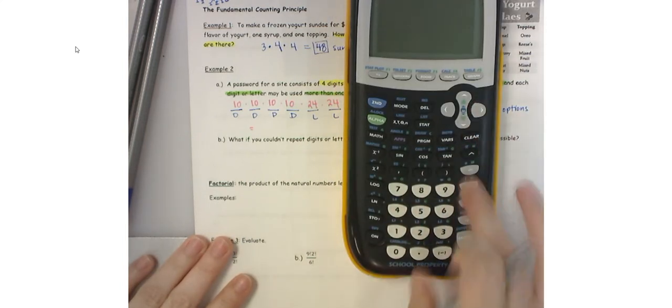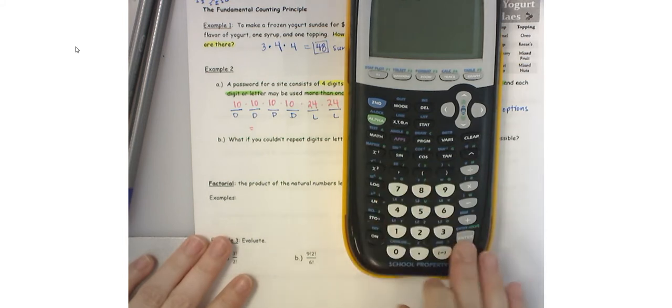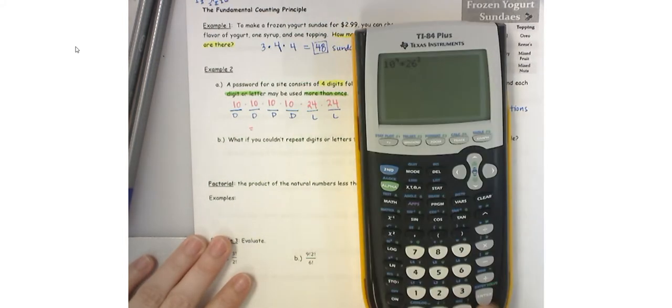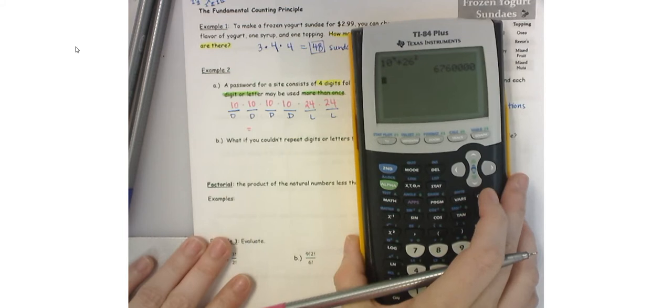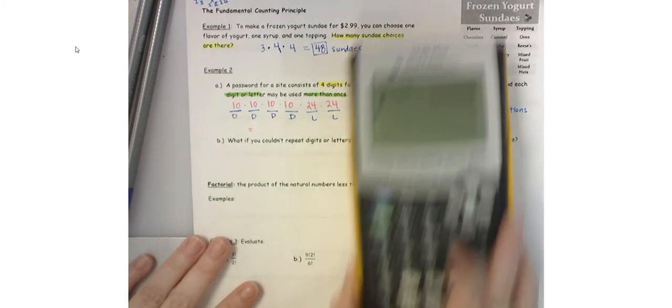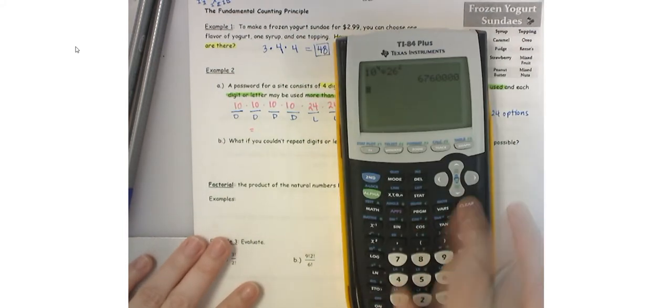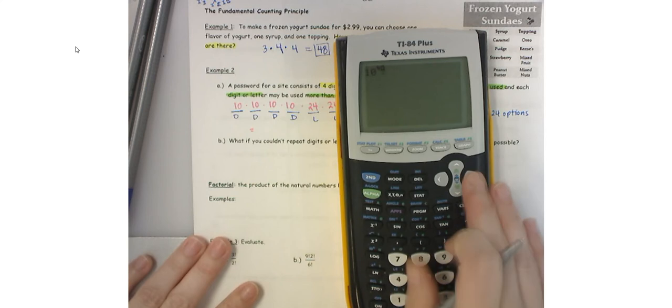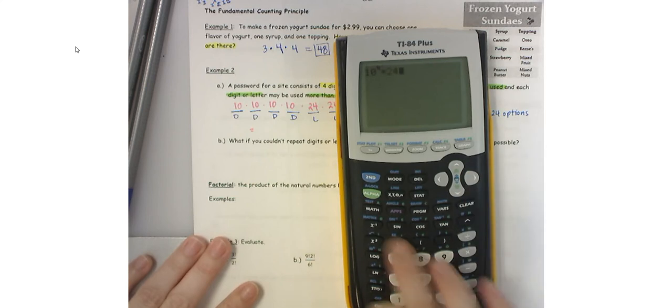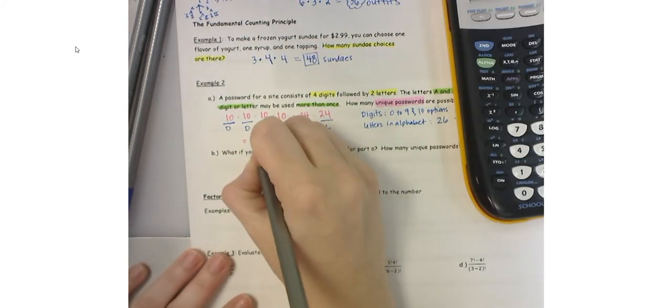So you can plug it in like that. Okay, so then, how many passwords did you guys get? 5,760,000. Yes, 5,760,000 different passwords.